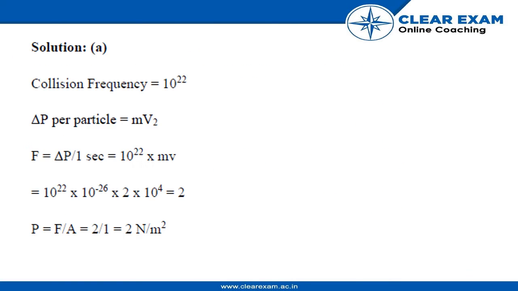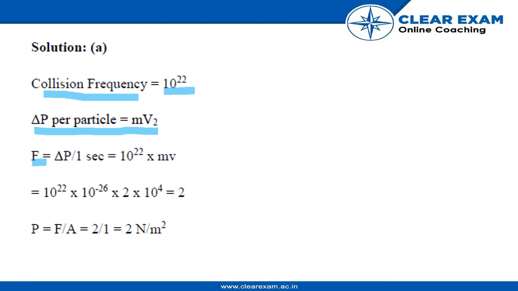So it can be found out by the change of momentum of a particle, which is equal to m into v. V is the velocity, and the collision frequency or the total number of particles is 10^22.